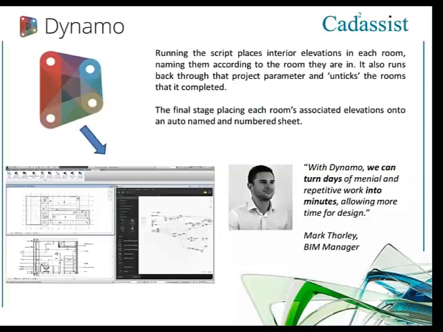And then imagine that you're able to place interior elevations in each room, name them according to the room that they're in. Imagine you're able to automatically then go back through the project parameter and untick the rooms that you've completed, and then imagine that you're able to automatically place each room's associated elevations onto an auto-named and auto-numbered sheet.